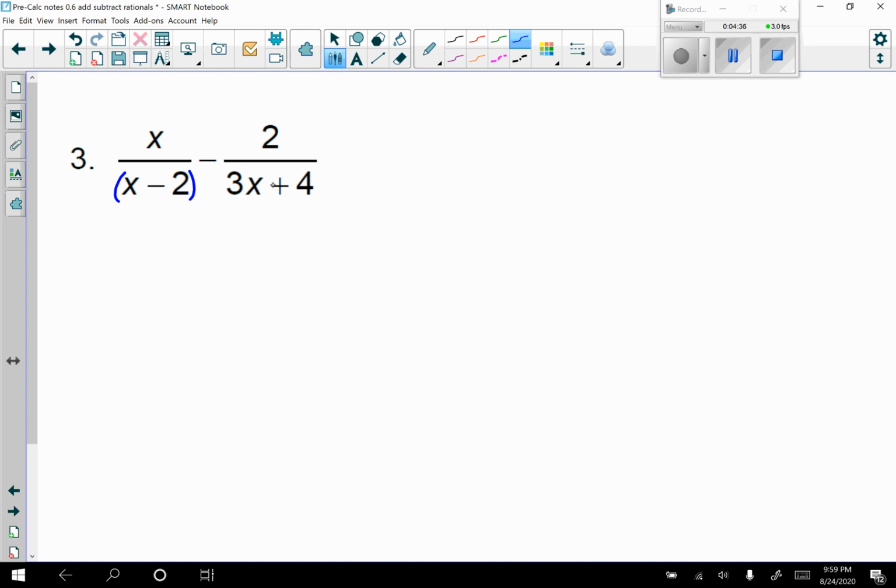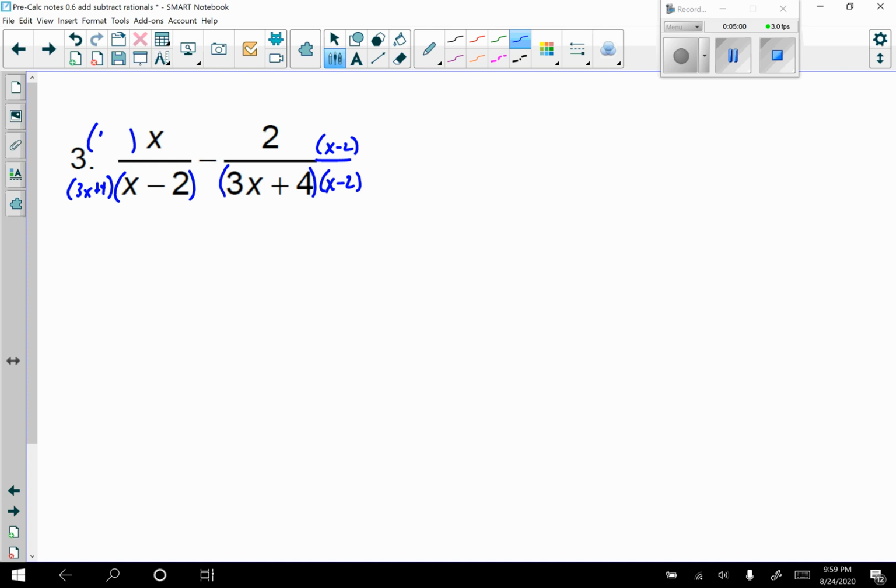Well, the second fraction does not have that factor. It has a separate one of 3x minus 4. So combine those two. You can always multiply them to make the least common denominator. So the second fraction needs to have an x minus 2 in it, so you need to put that on top as well. The first fraction needs a 3x plus 4.